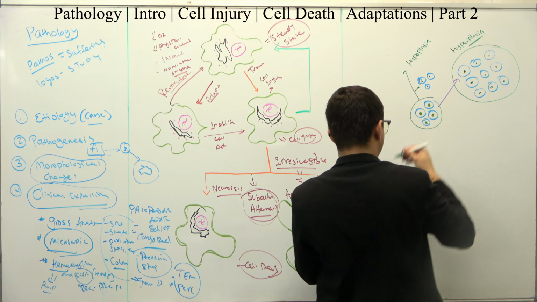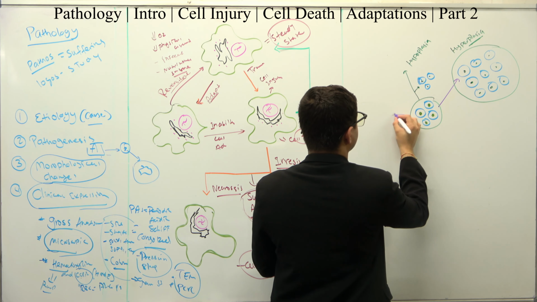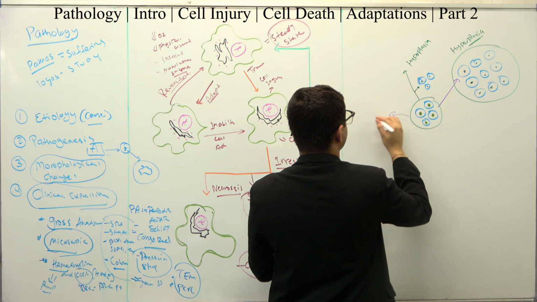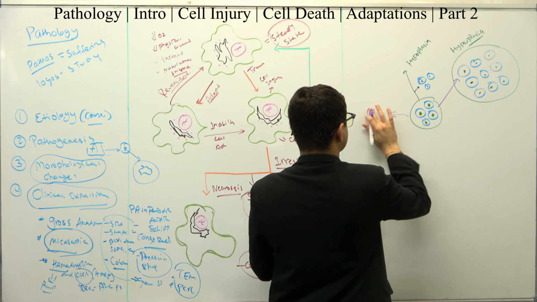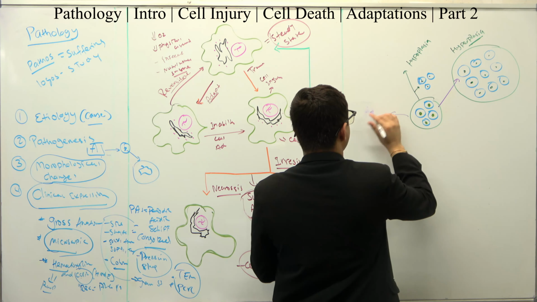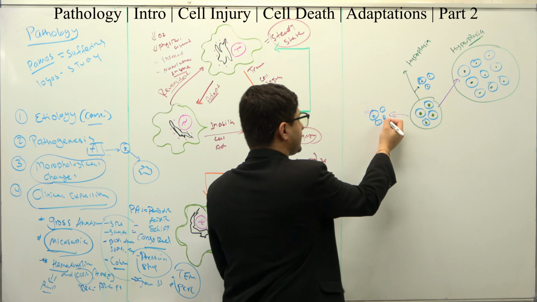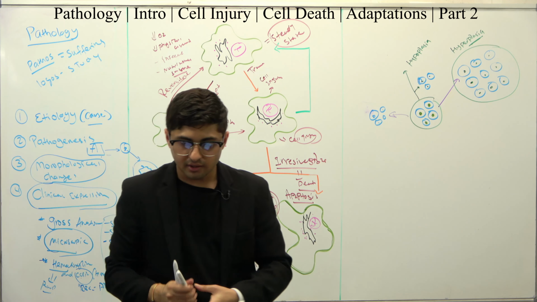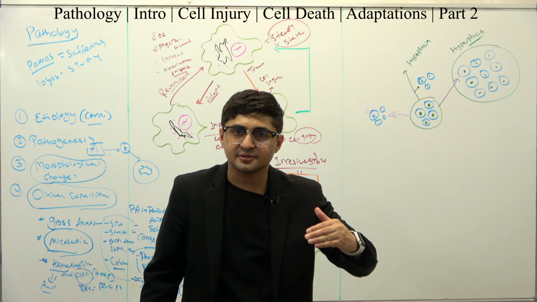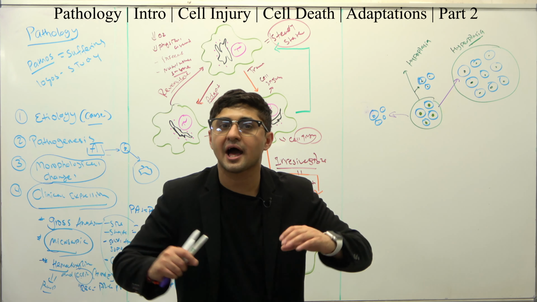Now, the other one is what? This is going to be aplasia, right? Aplasia basically means that there's absent or no cell growth at all.